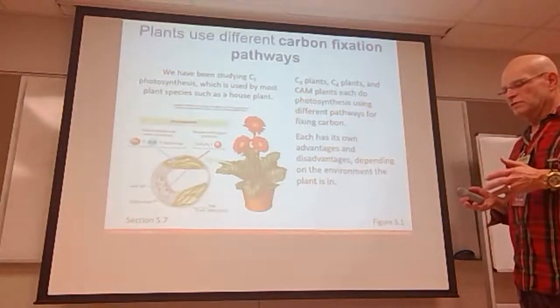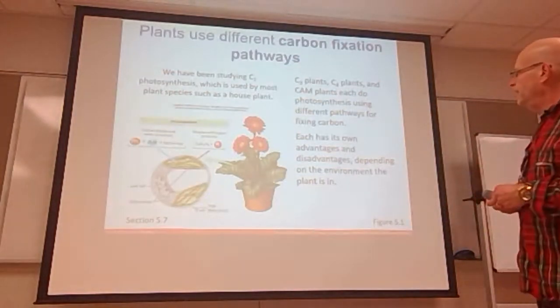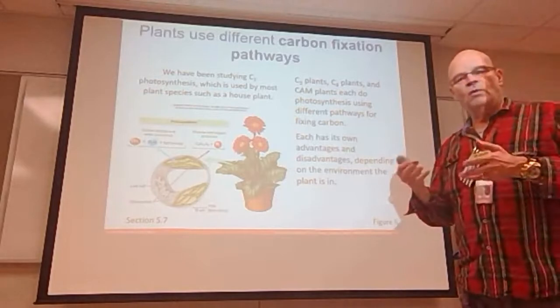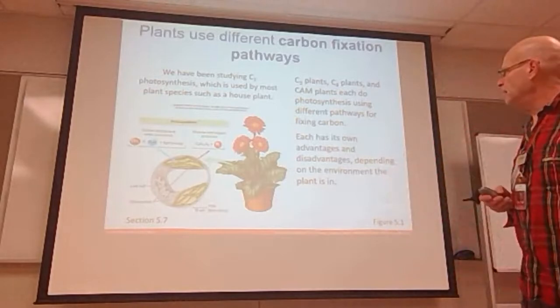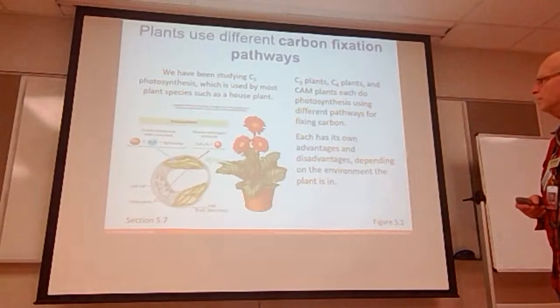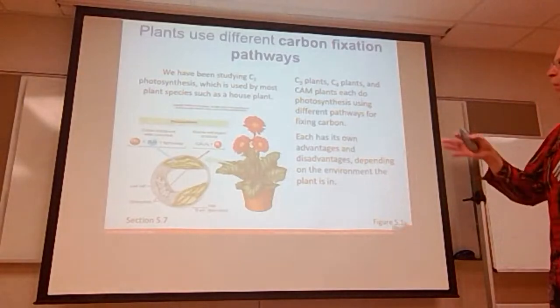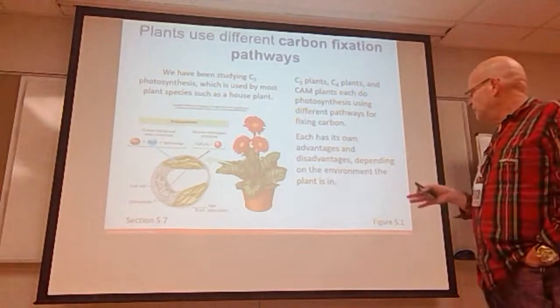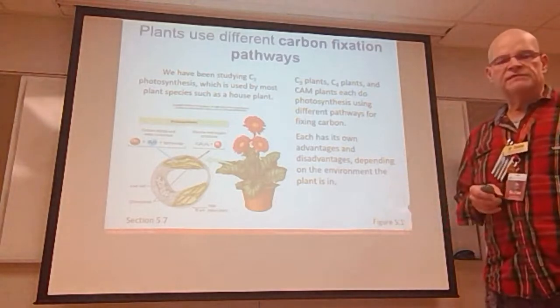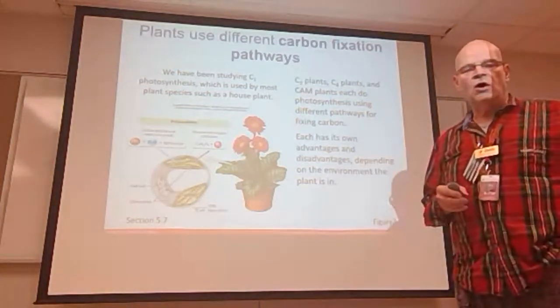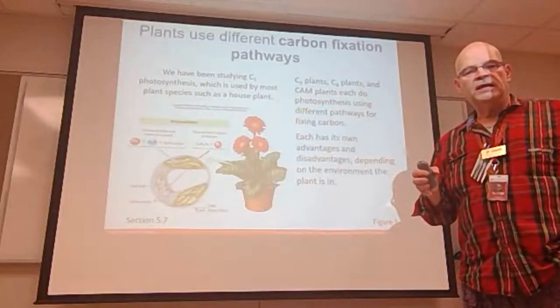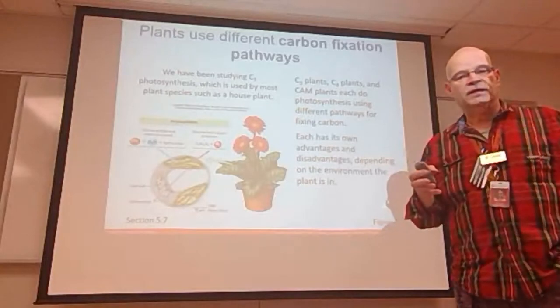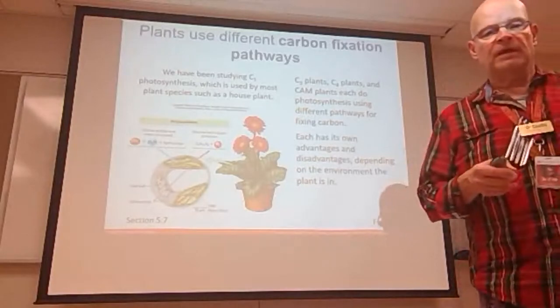They each do photosynthesis a slightly different way because they have different ways of forming or fixing carbon. Each different way has its own set of advantages and disadvantages, depending on the environment in which the plant lives. Most plants are readily evolved or adapted to the environment in which they live.